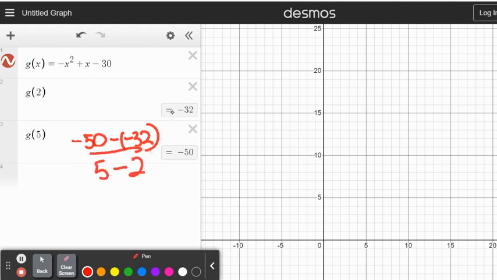So the slope for this one is going to be... so that's -50 plus 32, which is -18, over 3. And that's going to kick out -6 as my result for the slope.